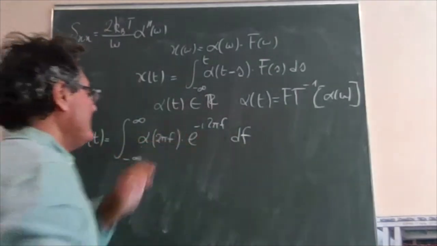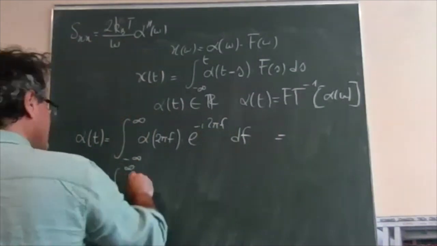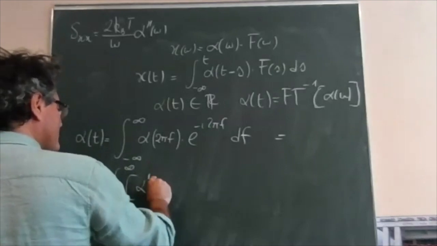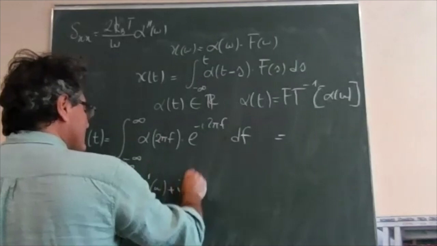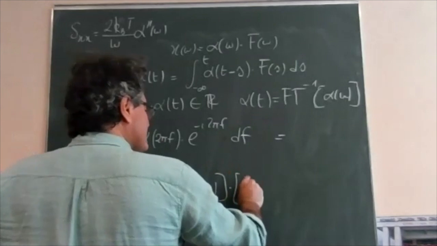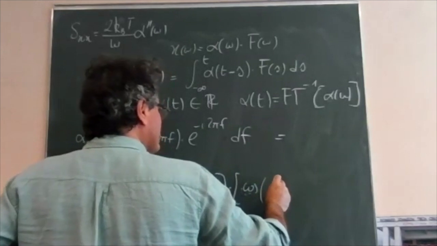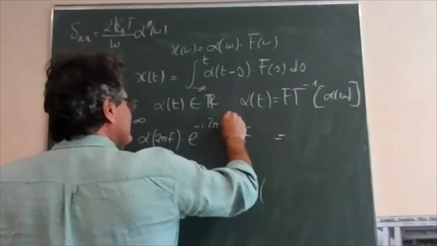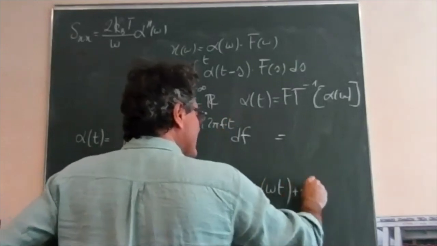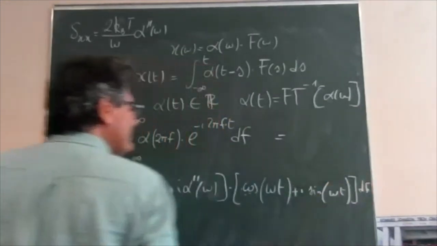Great. So let's write this in a more explicit form. So this is the integral from minus infinity to infinity of alpha prime of omega plus i alpha second of omega, times cosine of omega t plus i sine of omega t, df.